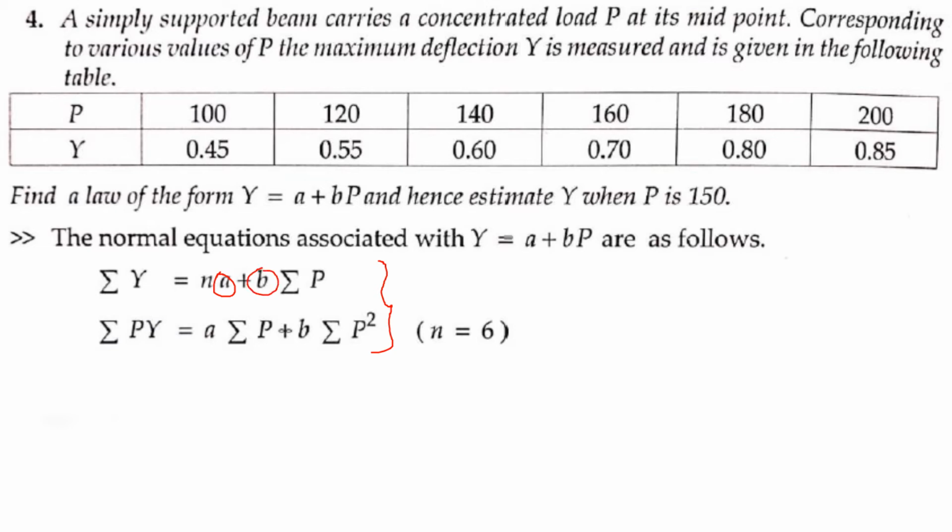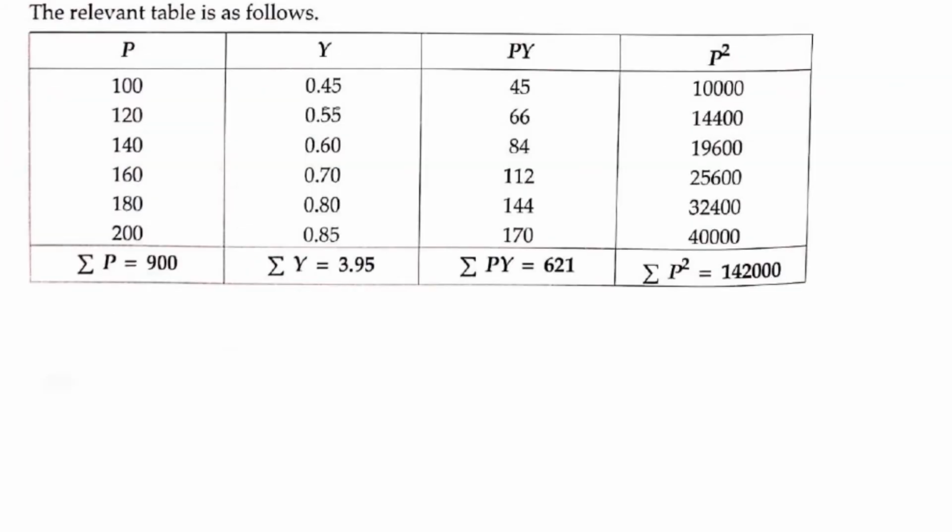Here you can see n is 6, the number of observations in the given data is 6. As we require in the normal equations summation of p, summation of y, summation of p into y, summation of p square, we have framed the table.